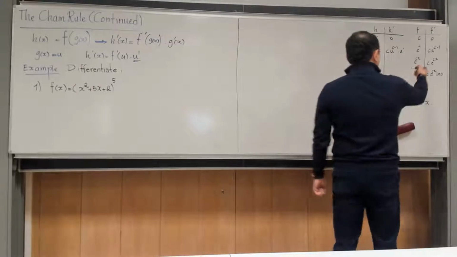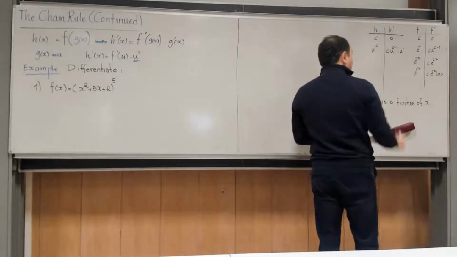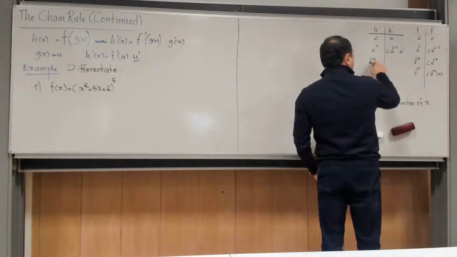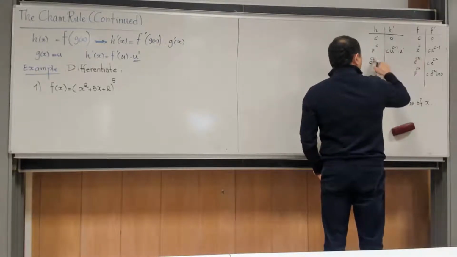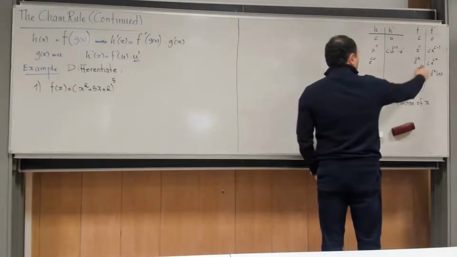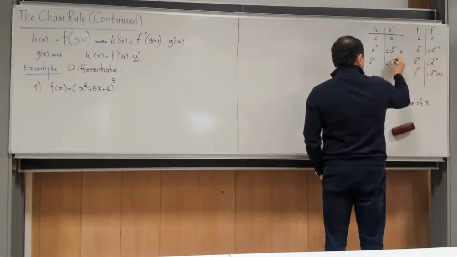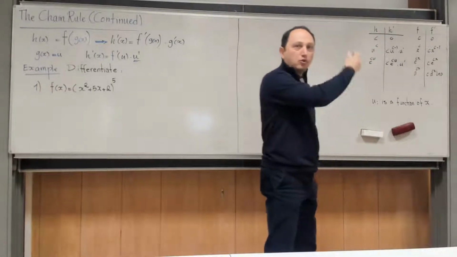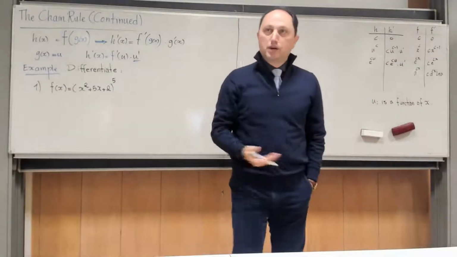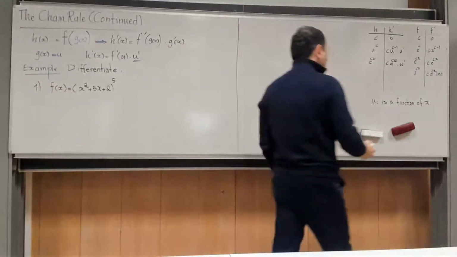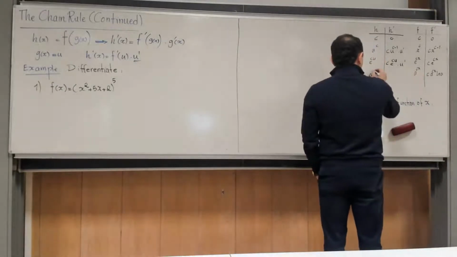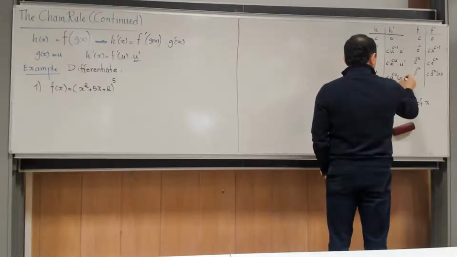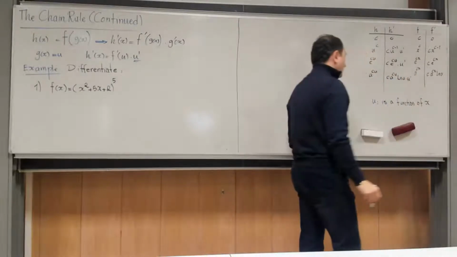And then, for example, if I want to write the chain rule version of that, how should I write it? e to the power c u. What do I mean by u? u is not just x, it is any function of x. Then I use the same rule, c e to the power c u, but I need to remember to multiply by u prime. So all of them contain a factor of u prime at the end. Yes? And then, for example, this one, a to the power c u, it becomes c a to the power c u ln of a, but you need to remember to multiply by u prime.